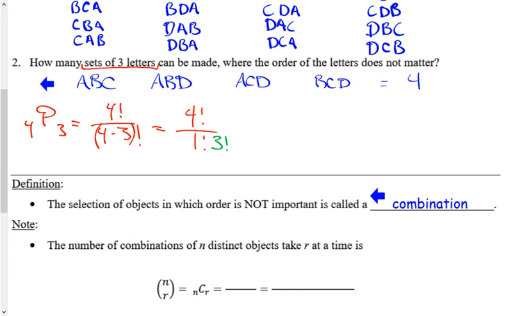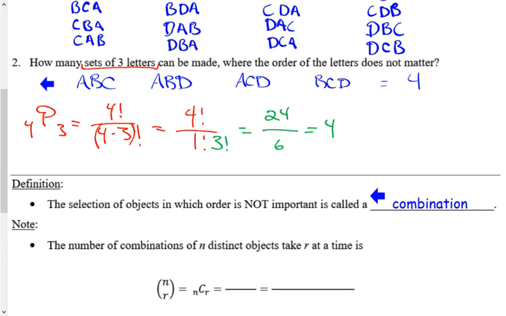We've said that and means multiply, so and not means divide. That's why I'm dividing here. Here I'm choosing and arranging everything in the numerator. In the denominator, I'm not arranging the 1, and I'm not arranging the 3, which gives us 24 over 6, which is 4.